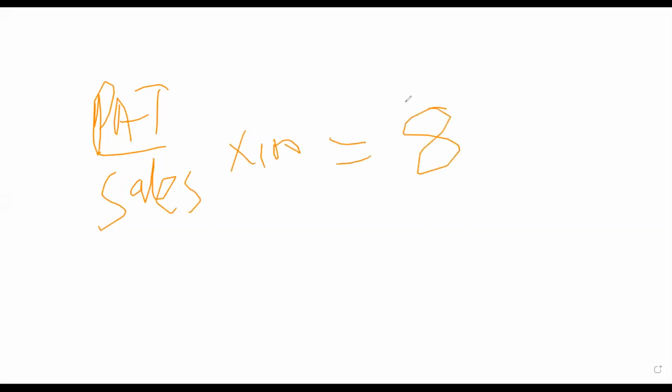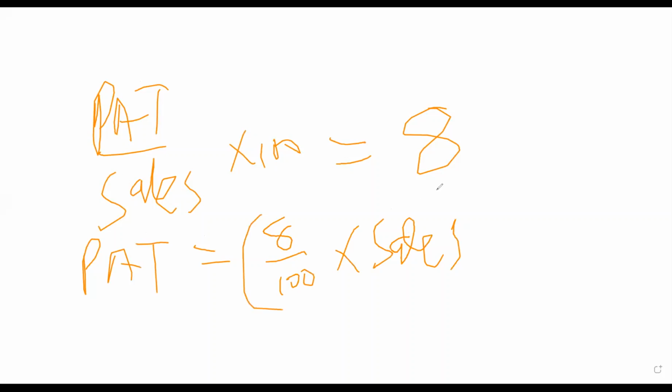Net profit after tax over sales times 100. That is how they found 8%, isn't it? So yes, profit after tax should be 8% times sales. Which means now we are looking for profit after tax for which year? 2010.